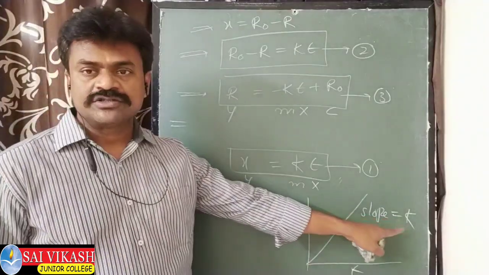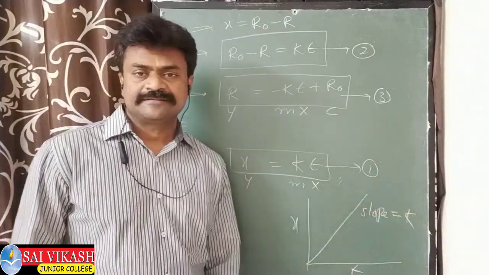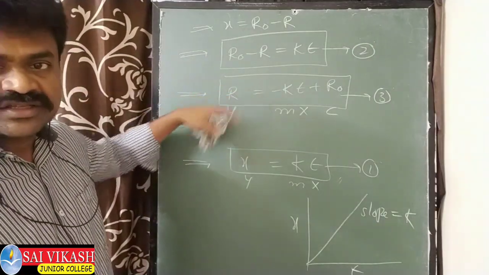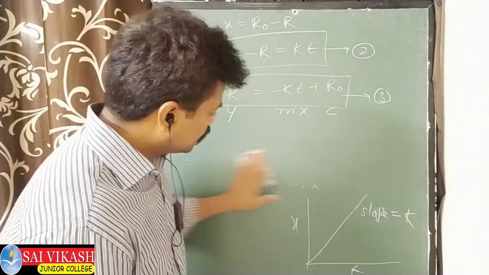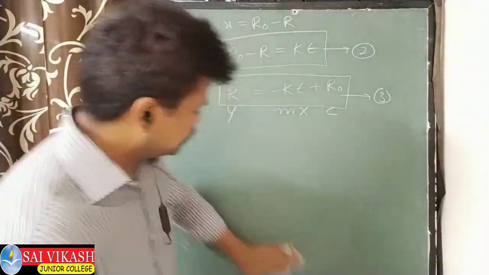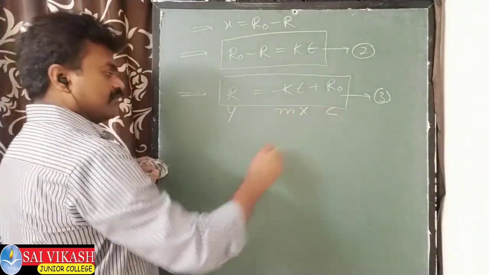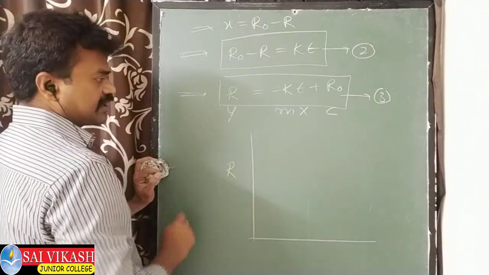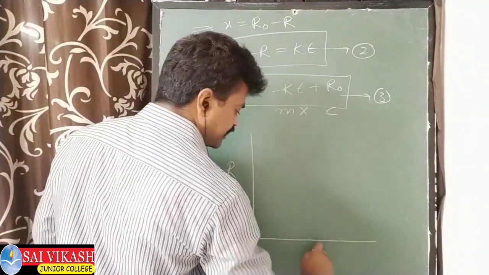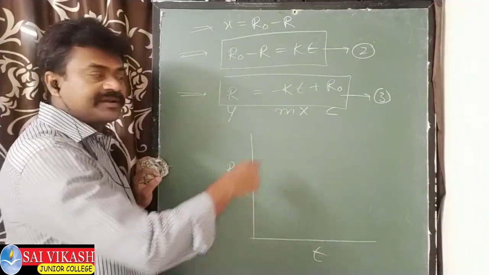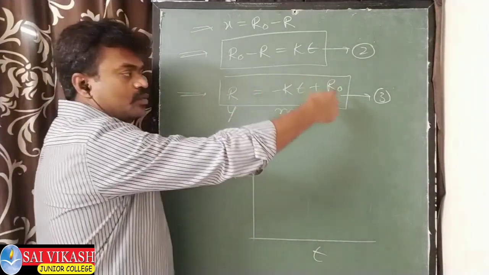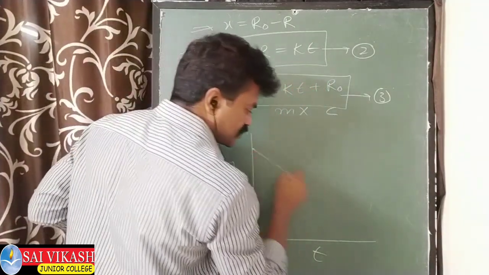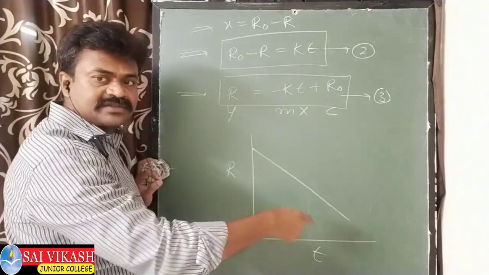Here the slope is positive, that is k. Suppose you draw the graph using equation number 3; you have to note this down. On the y-axis I take R, on the x-axis time. The slope is negative and the y-intercept is positive, so the graph comes like this.